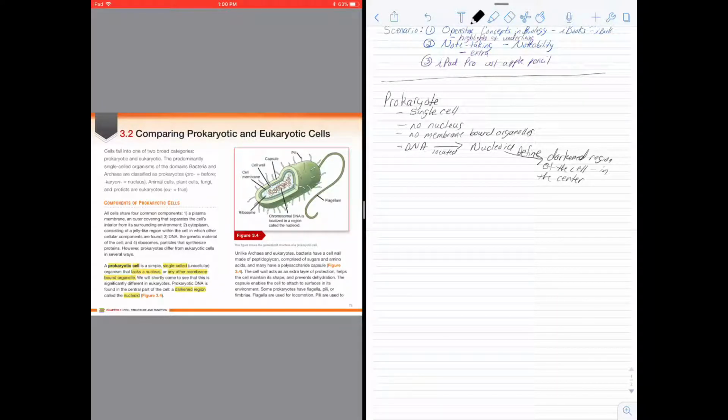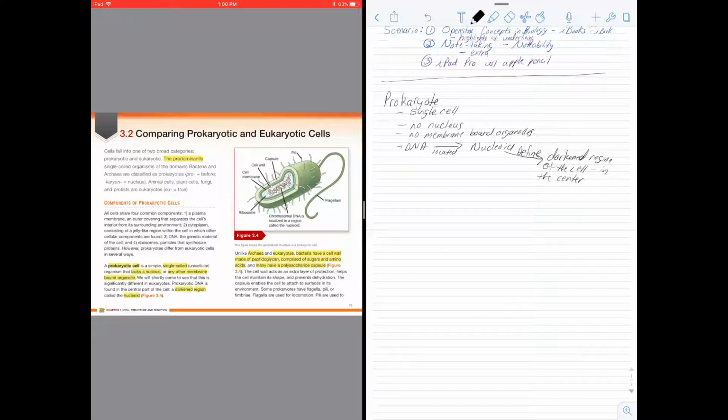Okay, so now I'm going to come over to the other paragraph. Okay, so I've got, unlike archaea and eukaryotes, bacteria have a cell wall made of peptidoglycans composed of sugar and amino acids, and many have a polysaccharide capsule. Okay, so if we come back up to this paragraph, I guess I should have started up here.